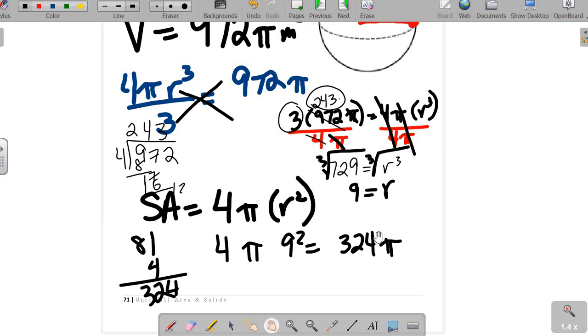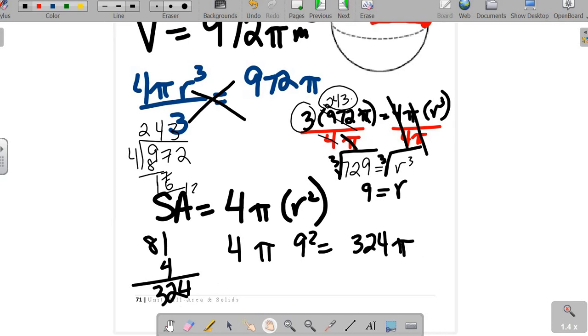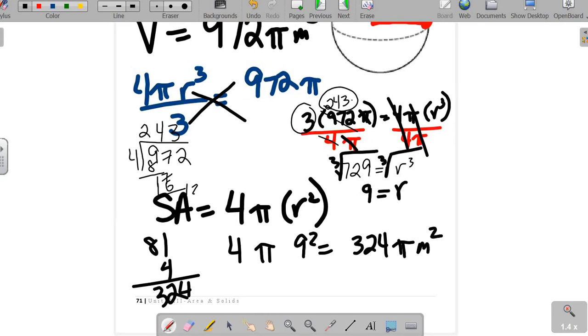Meters squared. Now, because we didn't do corrections here, what I want you to do is 3 bullets. What do you want to remember? I'm going to be looking for those 3 bullets. Make sure you write 3 bullets right there.